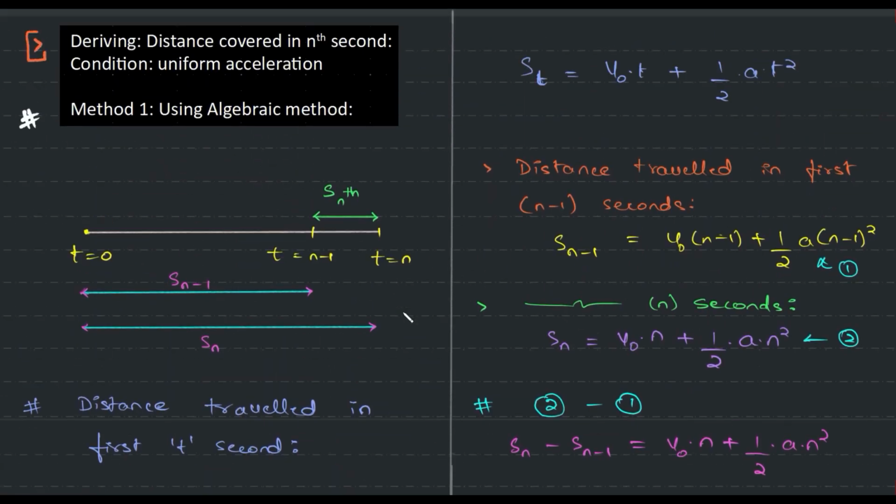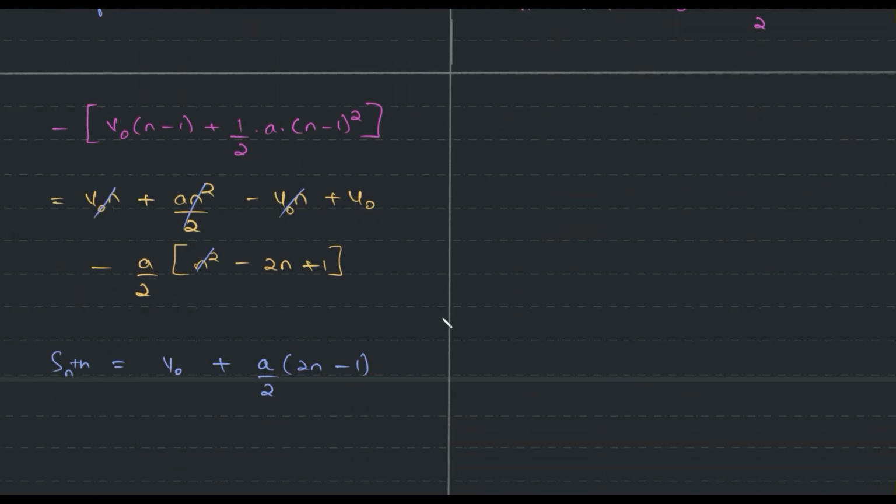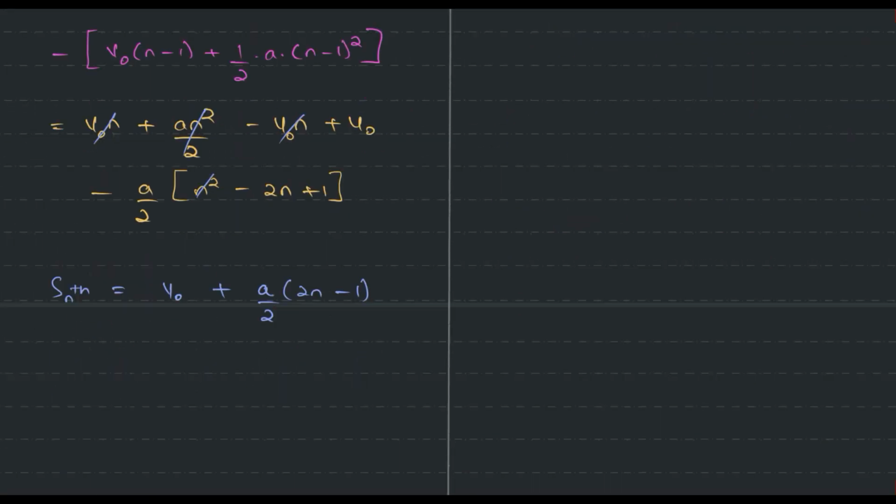So that's that. Okay, so this is your algebraic method. Now let's look at the calculus method. Method 2, using calculus. We know that velocity as a function of time is given by ds by dt.